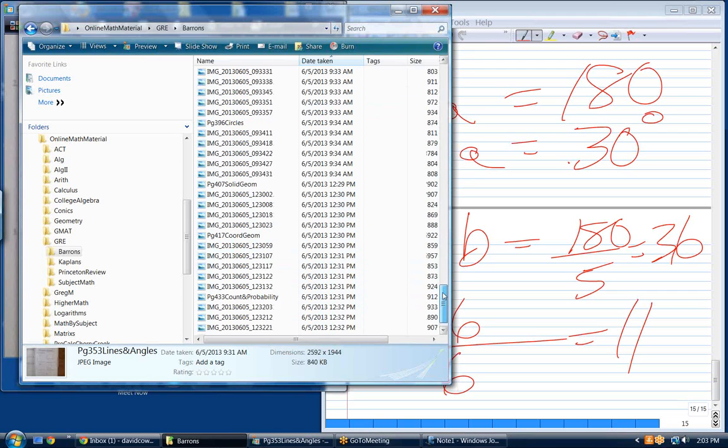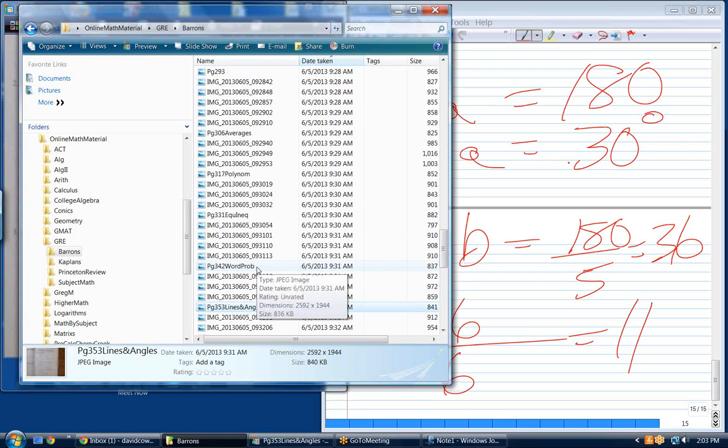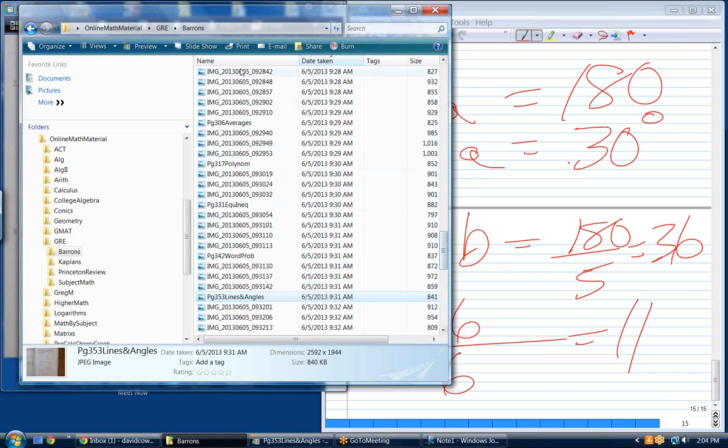How long you want to focus on geometry is totally up to you. Yeah, let's just see how it goes, because you'll notice that some of these others are algebra. These are algebra word problems. These are inequalities. These are averages. These are polynomials. So these are more algebra problems, whereas geometry problems are lines, angles, triangles, quads, circles, and so forth.